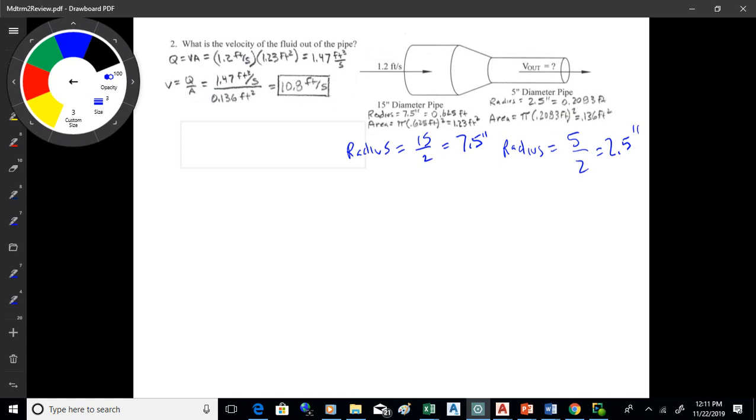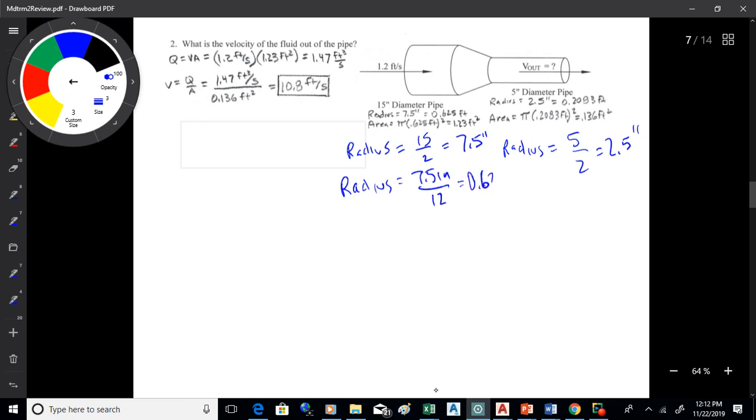Now you'll notice that the velocity is in feet per second, so you're going to want an area in square feet. So you want to get the radii converted into feet. The way you do that is you divide them by 12. The first one is 0.625 feet.